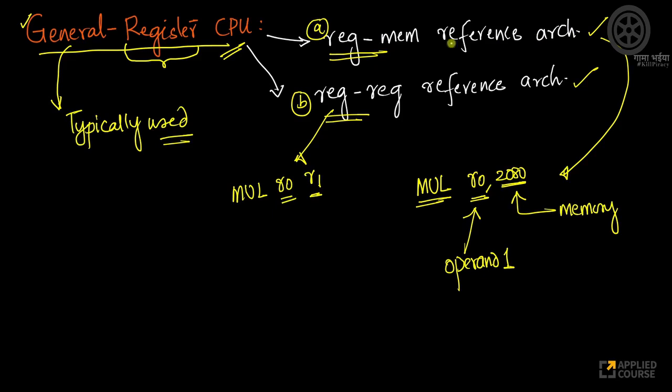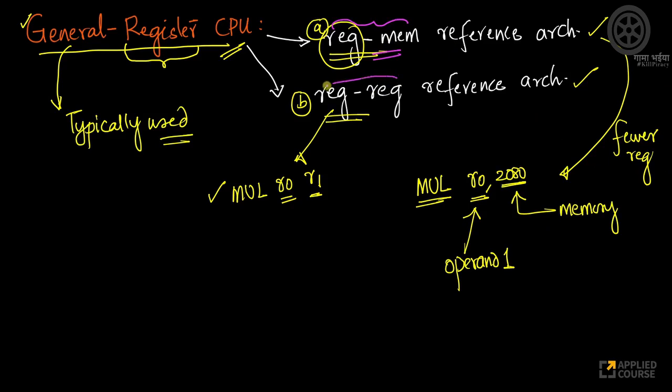Register to memory reference architecture is used when you have fewer registers. When you have lots of registers, we tend to use register reference architecture. In the early 8085, 8086 microprocessors, we only have a few registers, so they mostly use register to memory reference architecture.